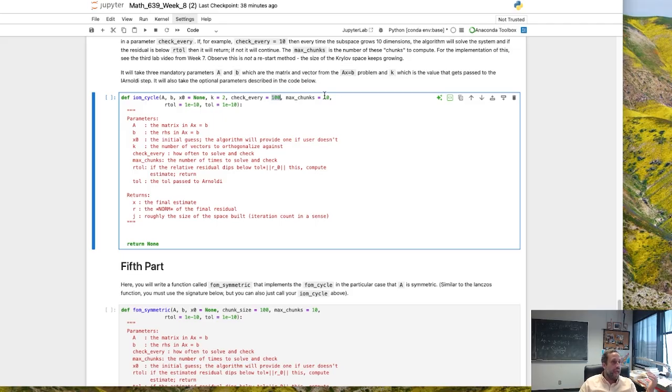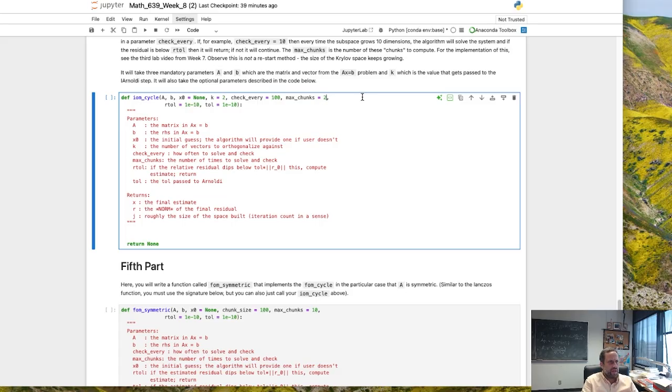And max chunks is the number of those cycles that we want to do. So if max chunks here is equal to 2, we're going to grow our Krylov space to dimension 100 and check what we have. If that's within the tolerance that we have decided, we're going to just return that. If not, we're going to do another cycle, and that'll be the last cycle we do, since the max number of chunks is equal to 2.